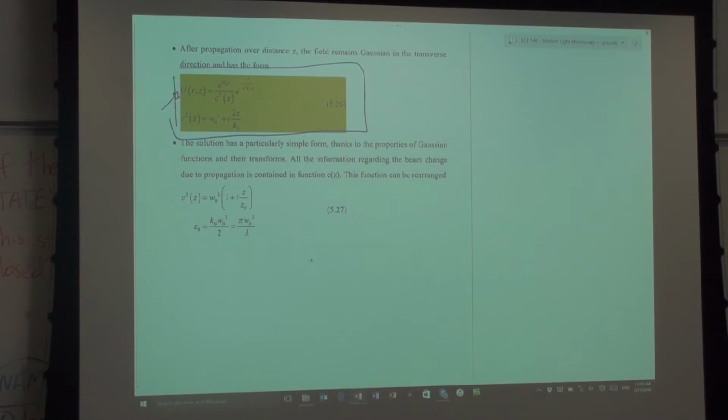So notice here, I'm going to write this as Z over Z naught. So I factored out W naught squared, and then it's going to be 1 plus i 2Z over k naught W naught squared. Ta-da!